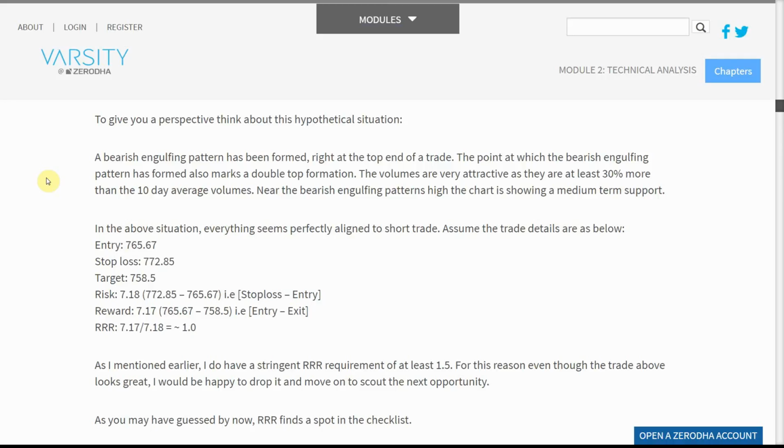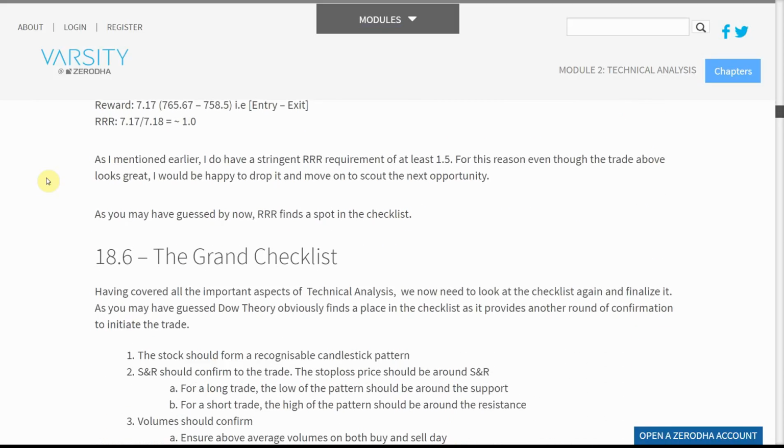Reward: 7.17, from 765.67 to 758.5, i.e. entry to exit. RRR: 7.17/7.18 equals approximately 1.0. As I mentioned earlier, I do have a stringent RRR requirement of at least 1.5. For this reason, even though the trade above looks great, I would be happy to drop it and move on to scout the next opportunity.